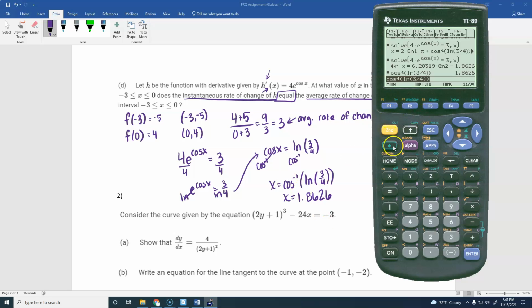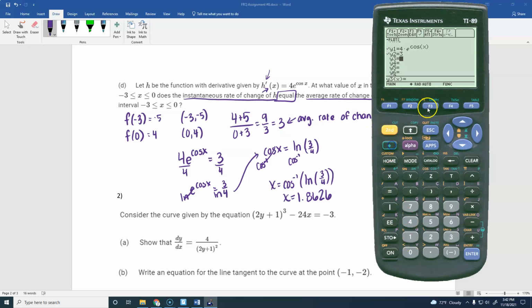Another option you do have, if you don't want to solve that by hand, or if you're afraid you're going to mess it up solving it by hand, is this. If you go to y equals, you can type in 4e to the cosine x in y1 and type in 3 in y2. So that's just both sides of the equation, 4e to the cosine x and then 3.